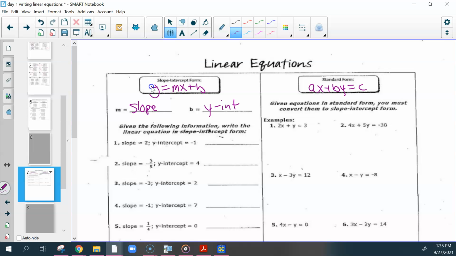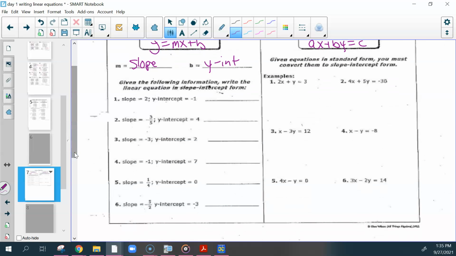Do we need to see any of those? And then the right side is what we were doing last class, the last part of graphing, converting into slope-intercept form to get the y-intercept and the slope. Do we need to see any of those?